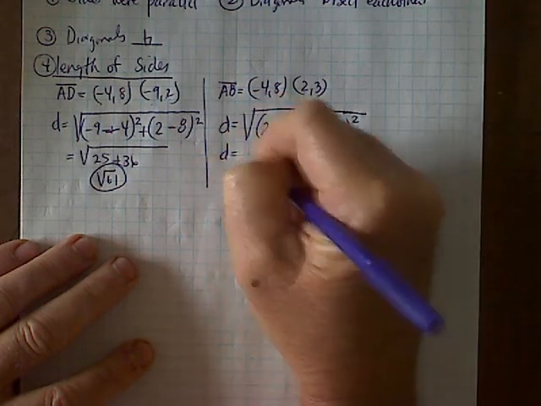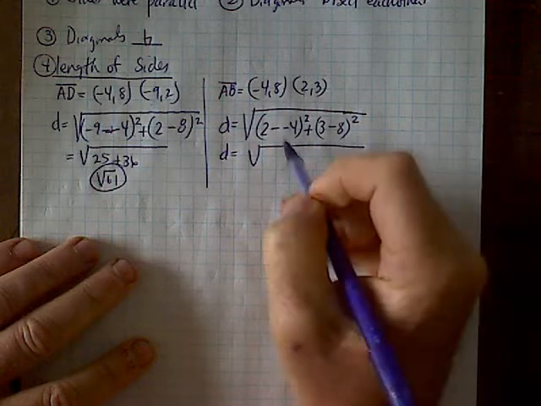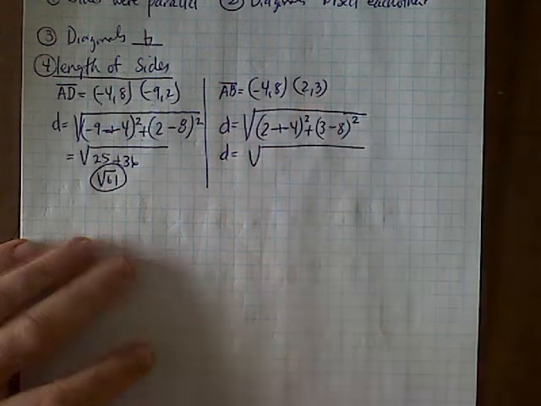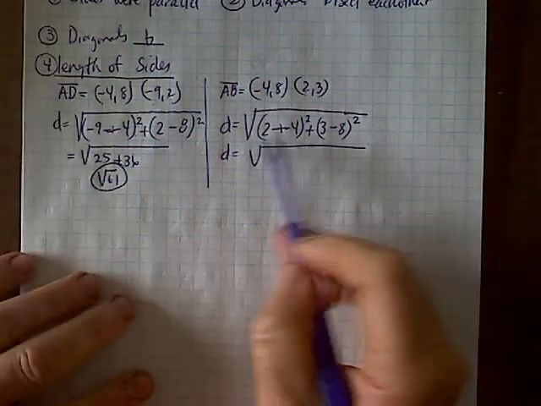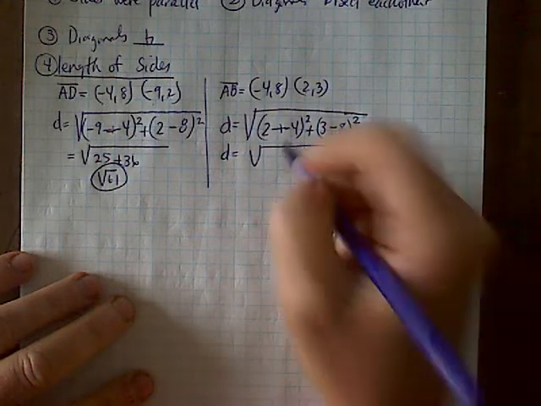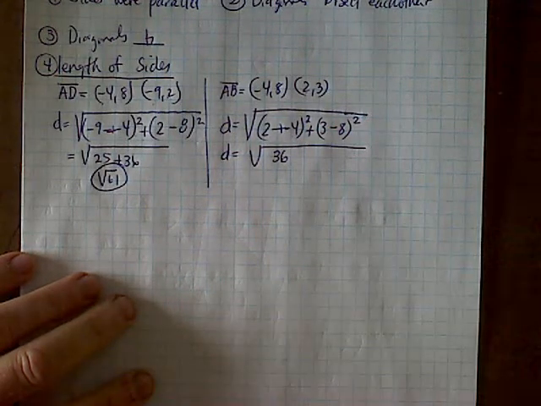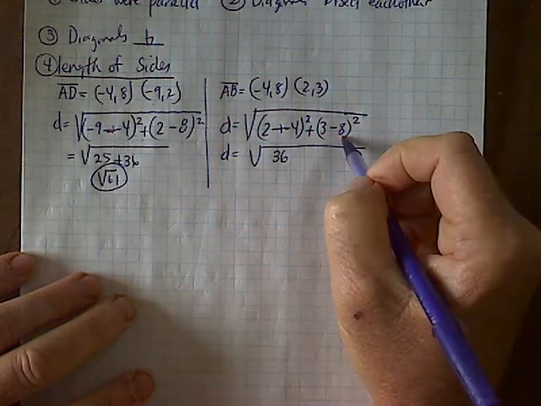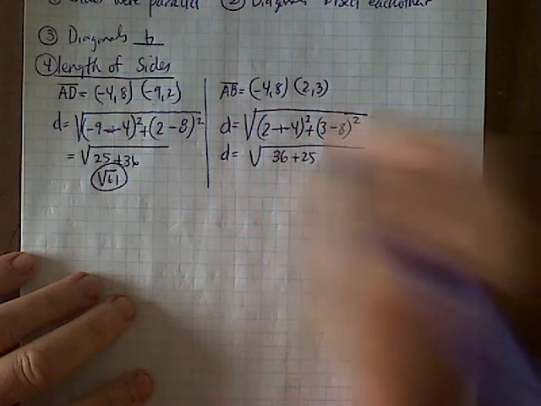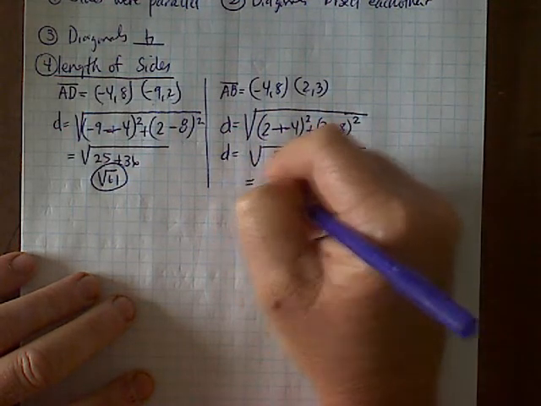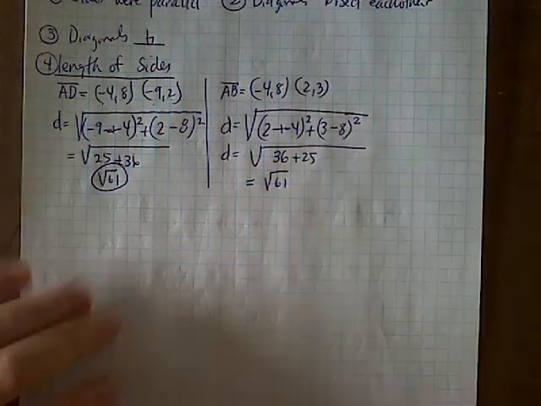The minus minus here turns to plus. So 2 plus 4 is 6, 6 squared is 36. 3 minus 8 is -5, square it, that's 25. 36 plus 25 is the square root of 61.